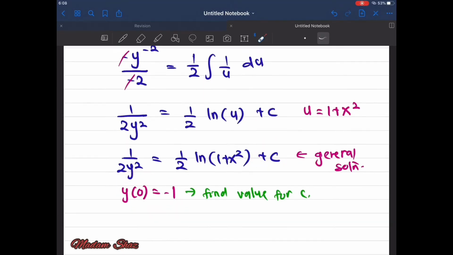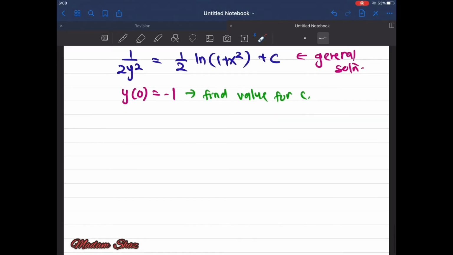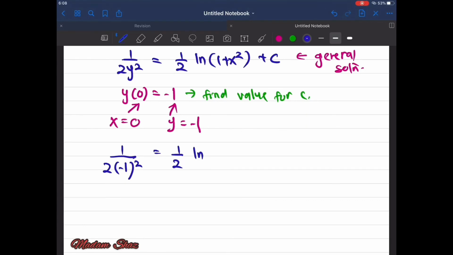So you have to substitute the given condition y(0) equal to negative 1, which means that x is equal to 0 and y is equal to negative 1. So 1 over 2y squared will become 1 over 2 multiplied by negative 1 to the power of 2, equals 1 over 2 ln(1 plus 0 squared) plus c.